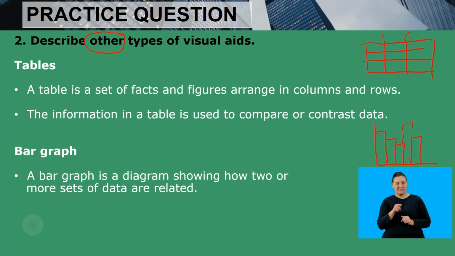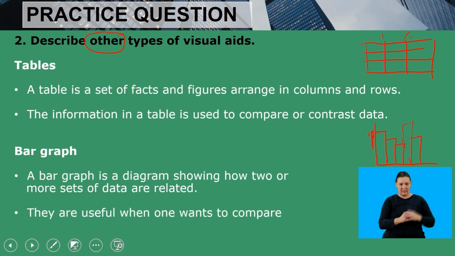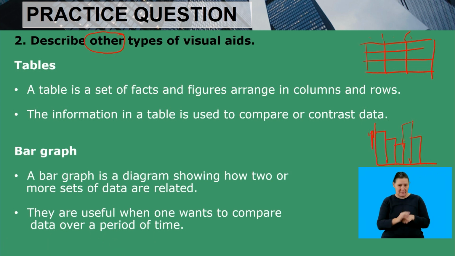Obviously it shows us the relationship between the y-axis as well as the x-axis. They are useful when one wants to compare data over a period of time. So obviously we use bar graphs if we want to compare information over a period of time.